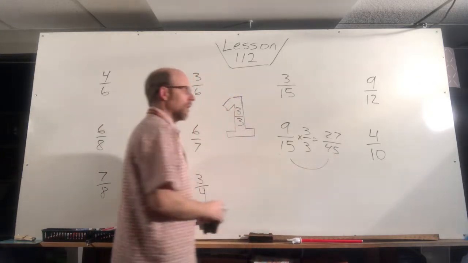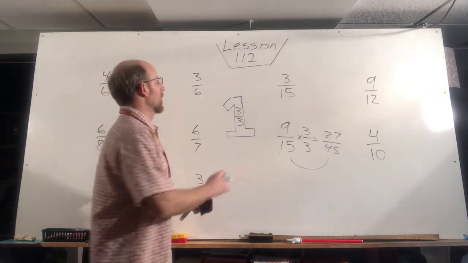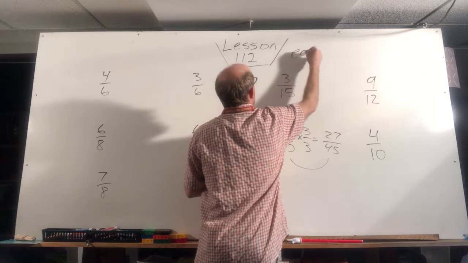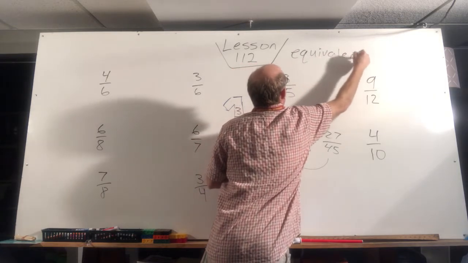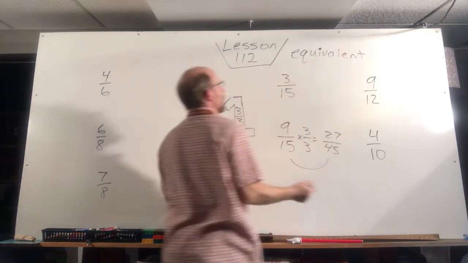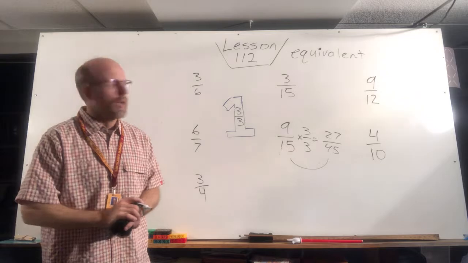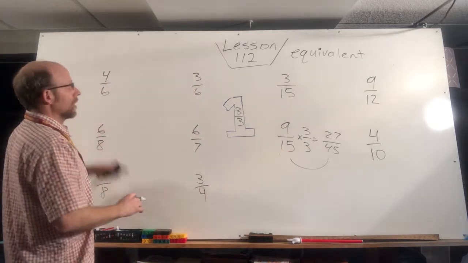Those two are equal. They are equivalent fractions. That's that cool word, equivalent. That means equal. So we're going to come back to that problem after I show you a few other things.